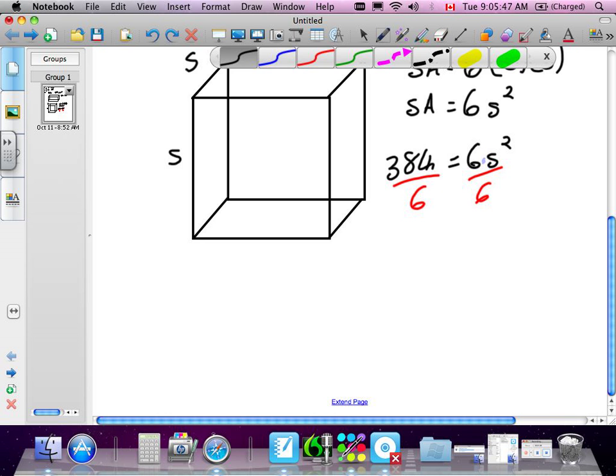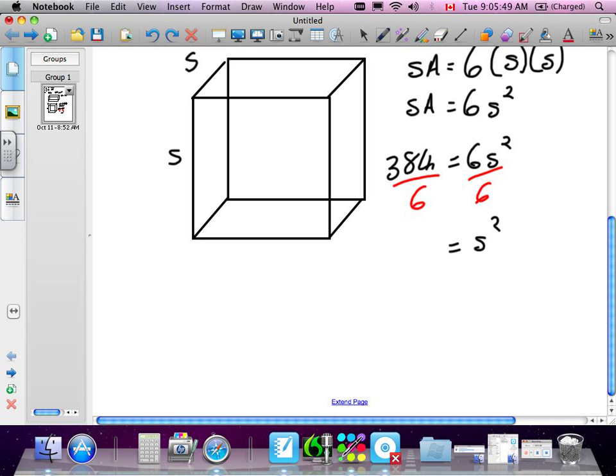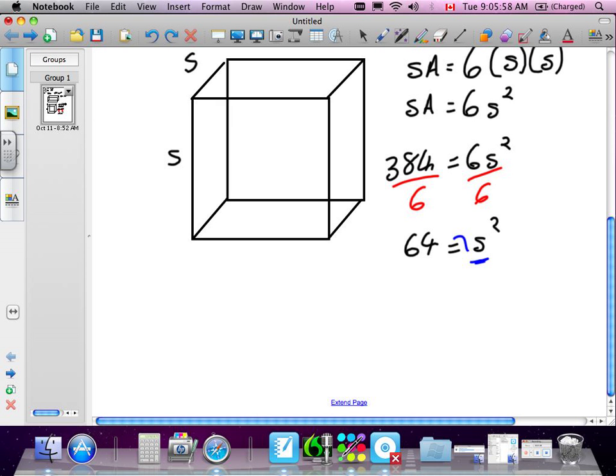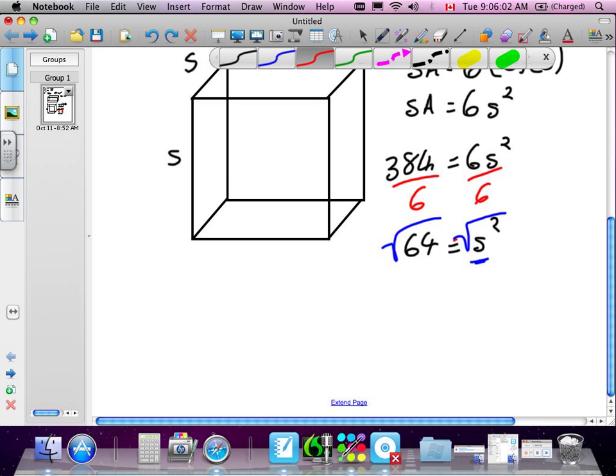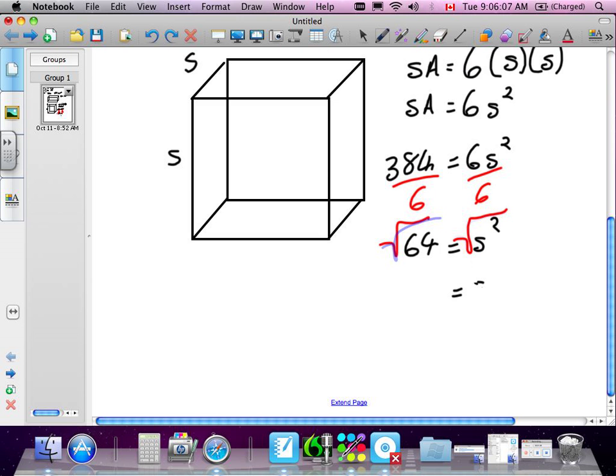And in order to get the s by itself, we're going to need to square root both sides, because that is s squared. So we'll square root both sides. On the right side, we'll have just s left over. And the square root of 64? 8. Good.